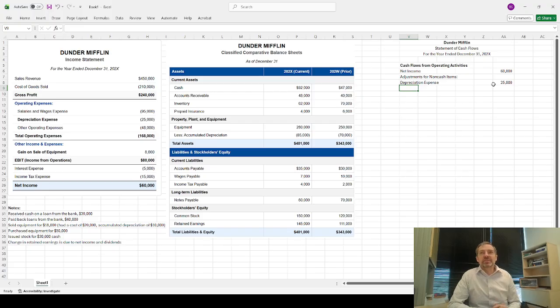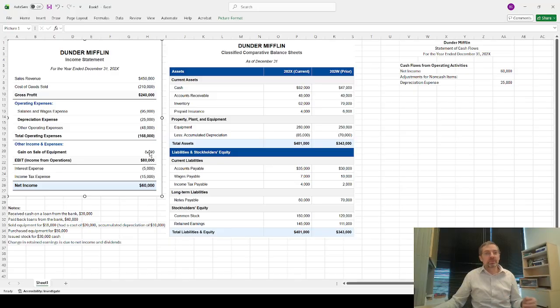The other adjustment that we have to make, and it's usually grouped in with non-cash items, even though it's not really a non-cash item, are the gains and losses. These are really non-operating items and don't belong in the operating section. So again, we have to pretend we cross those ones out and what would happen to the net income if they didn't exist. So we're looking at the gain on sale of equipment.